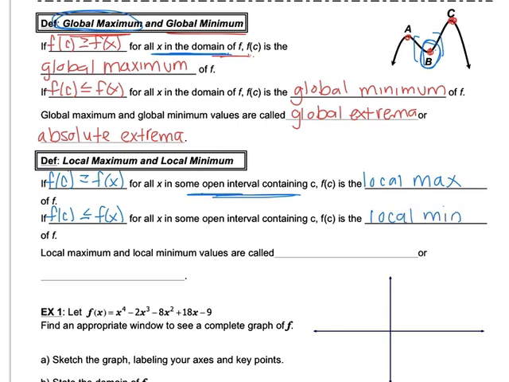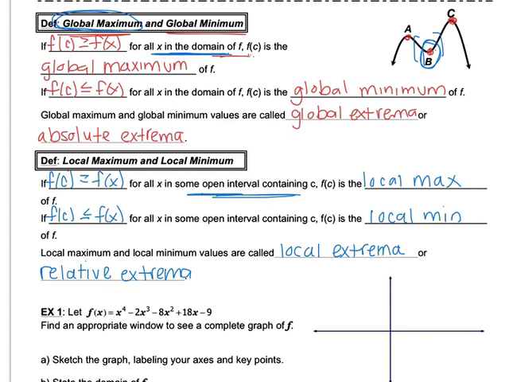Another way we describe local mins and maxes together would be called the local extrema, or the relative extrema, same thing. So those are the formal definitions. Now we can go ahead and get into an example.